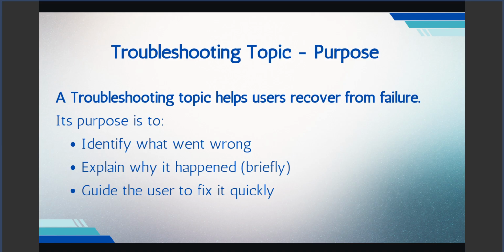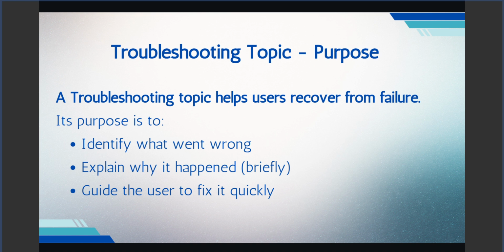So, what is the purpose? The purpose is to identify what went wrong, explain why it happened, and obviously guide the user to fix it quickly. There will be a symptom, an issue that the user is looking at.